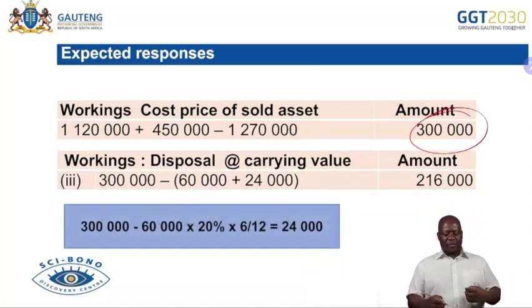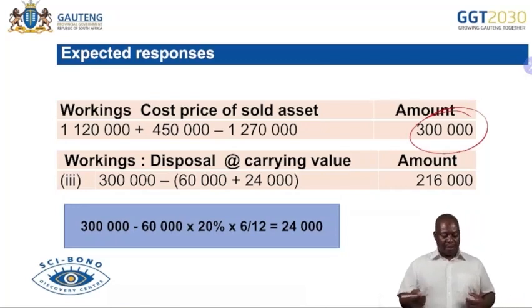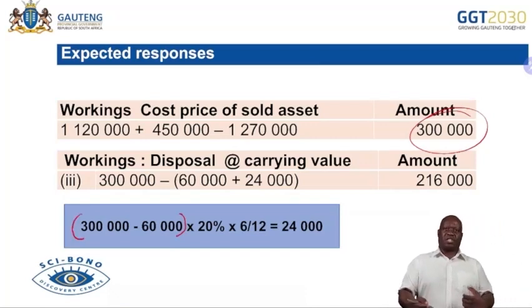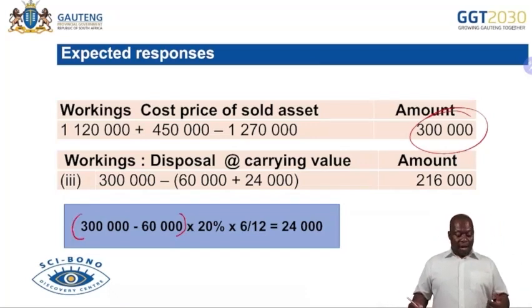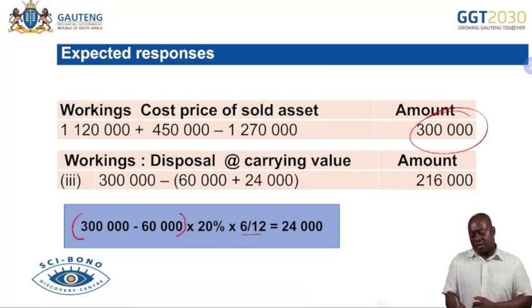And then when it comes to the next year, the second year, that's the tricky one. Because now we need to calculate on carrying value, because we are using the diminishing balance method. So we are going to say 300,000 minus 60,000, which is depreciation for the first year. And then we are going to get something like 240,000 there. And then we multiply by 20% for a period of 6 months.